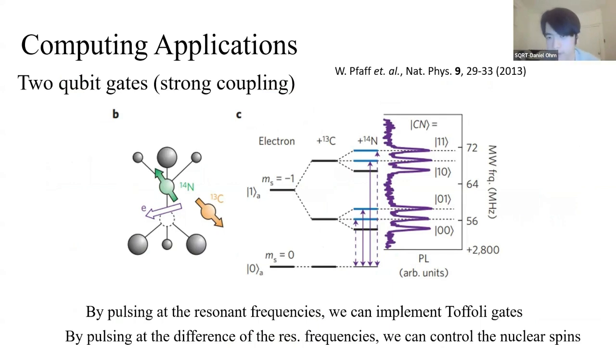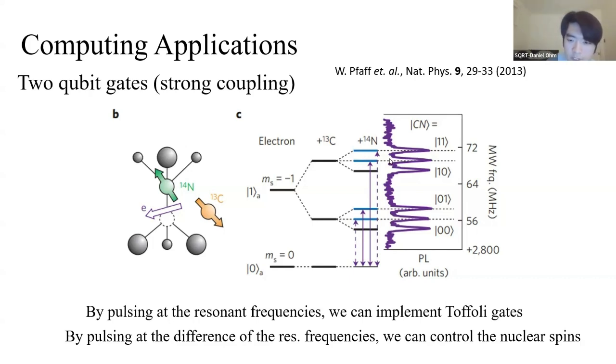Basically, the splitting of the energy levels due to coupling from the electron spin to that of the nuclear spins. So we have two spins here, and the interactions between the electron spin, which is our ancilla qubit, and our memory qubits, the nitrogen and the carbon, create this pattern right here.